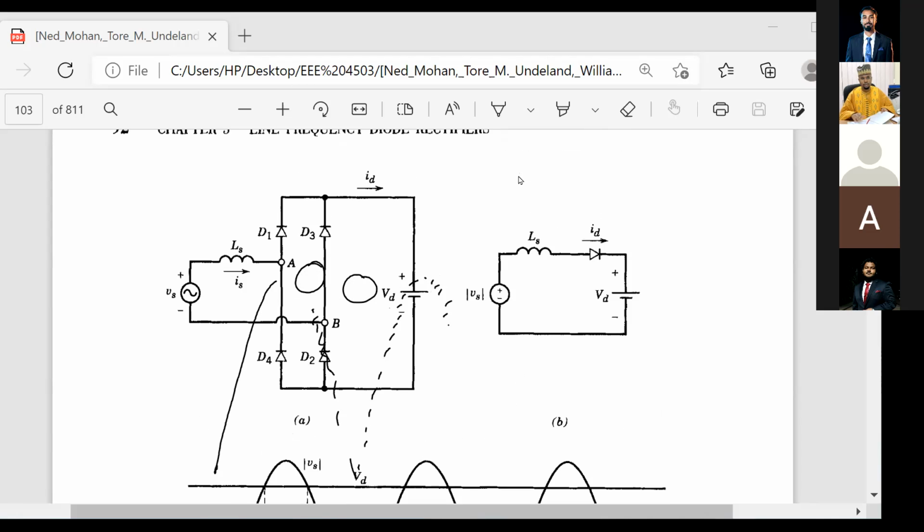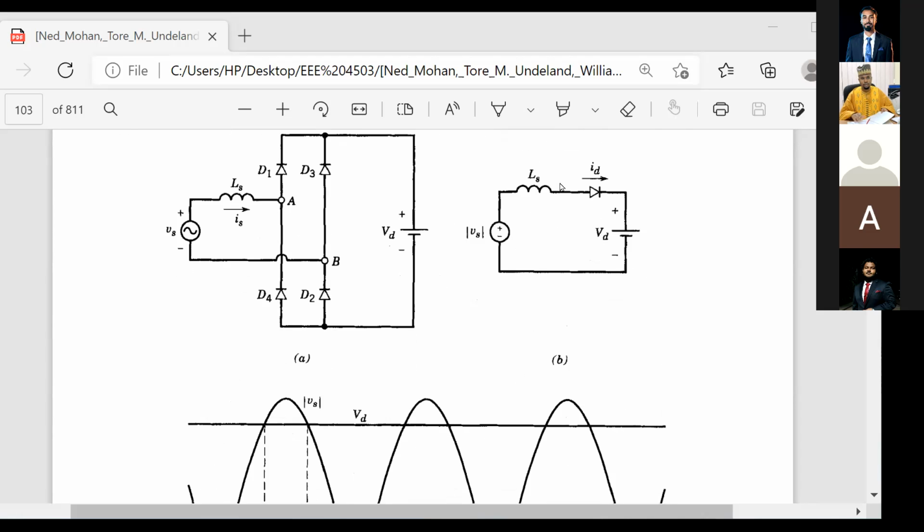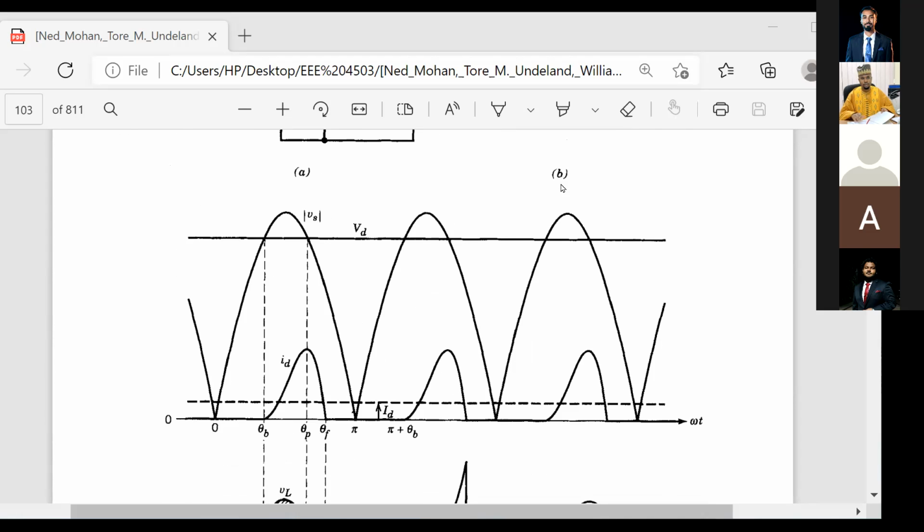This is the VD. The VD is the source voltage. And source voltage has been drawn here. Understand that one. And since this is your VM, this is your VM.